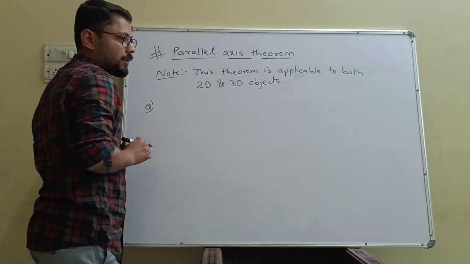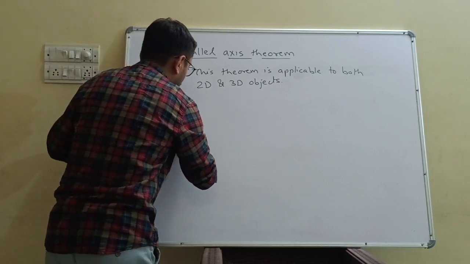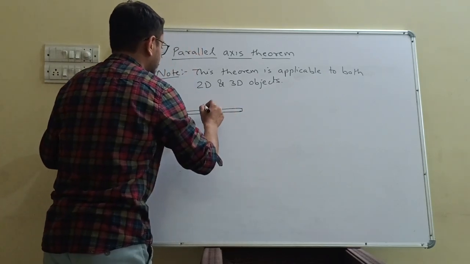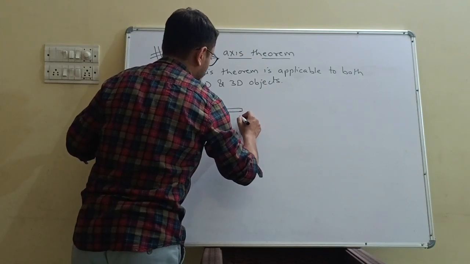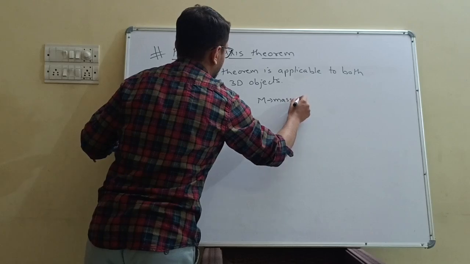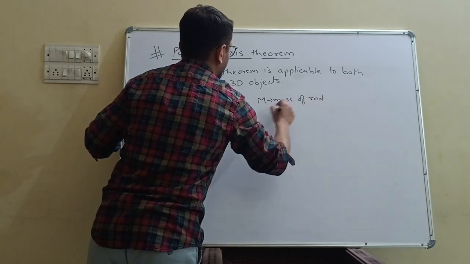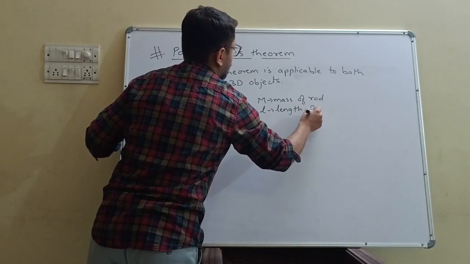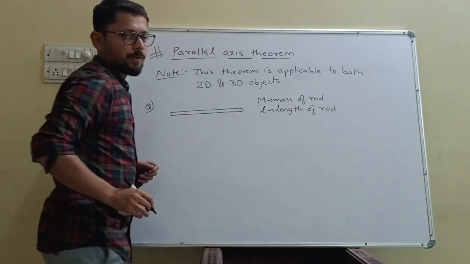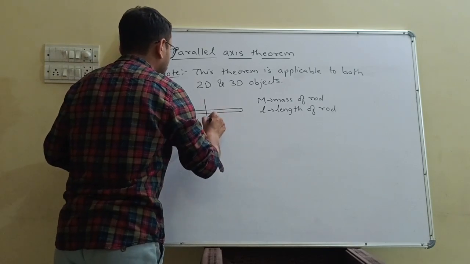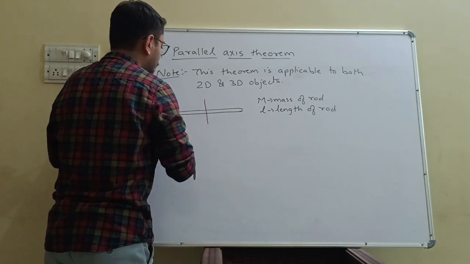Let's take our first question. Suppose this is a rod of uniform mass per unit length. The total mass of the rod is m, and L is the length of the rod.